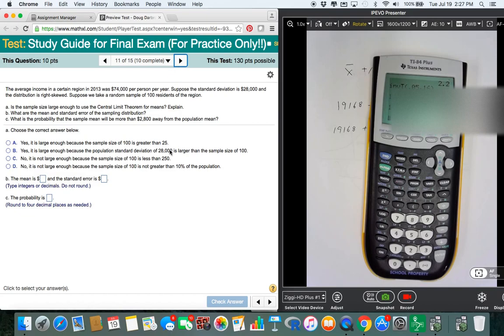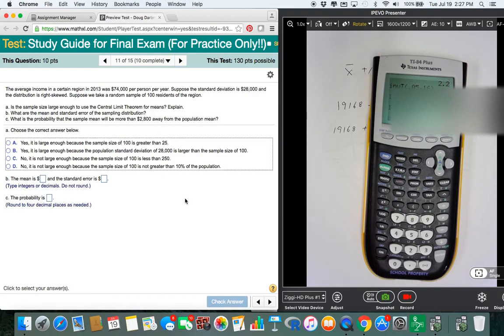All right, number 11. The average income in a certain region was $74,000 per person, standard deviation 28,000, right skewed distribution. Suppose we take a random sample of 1,000 residents in the region. Now, is the central limit theorem, remember guys, for mean problems kicks in when we have a sample size of more than 25 or 30. This book uses 25, most books use 30.